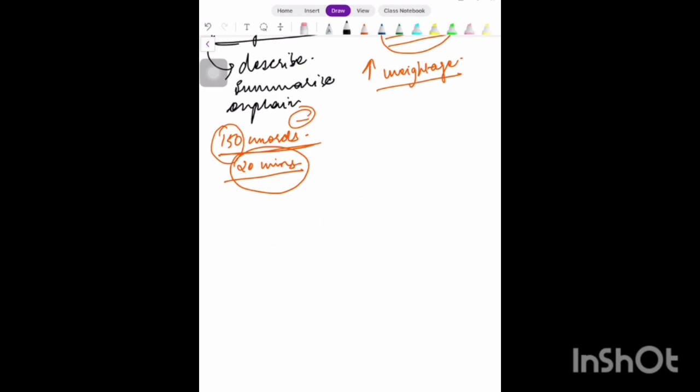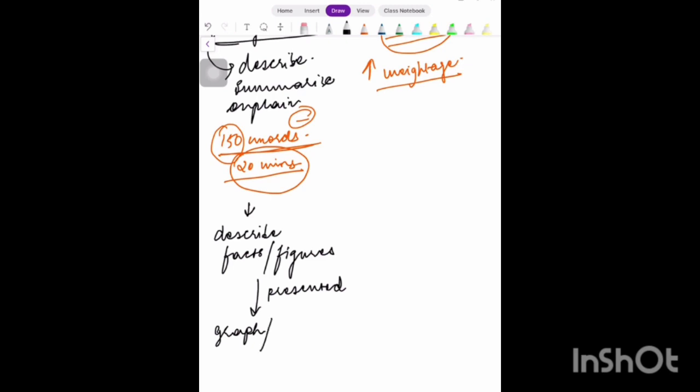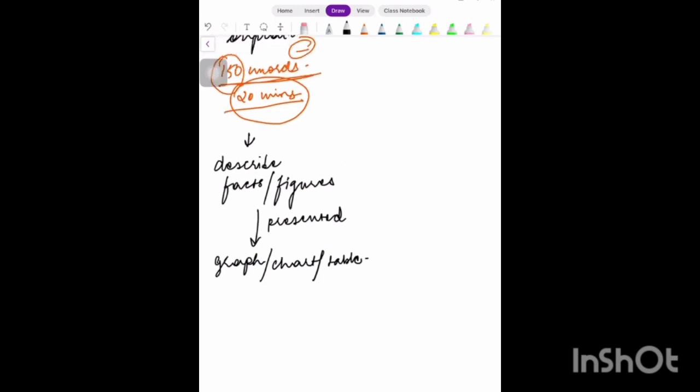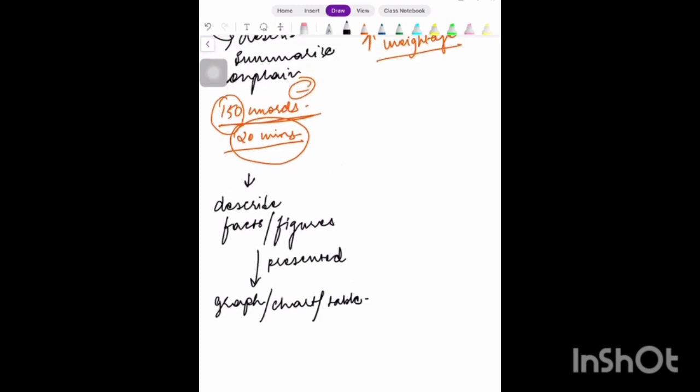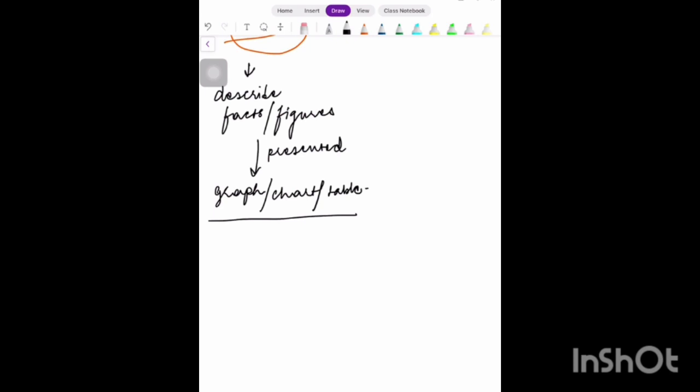In task 1 you'll have to describe the facts or figures presented, whether they give you a graph, a chart, a table, or a diagram.